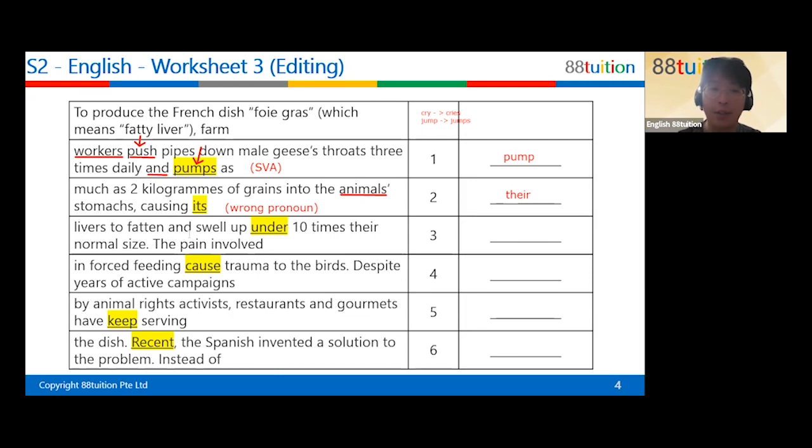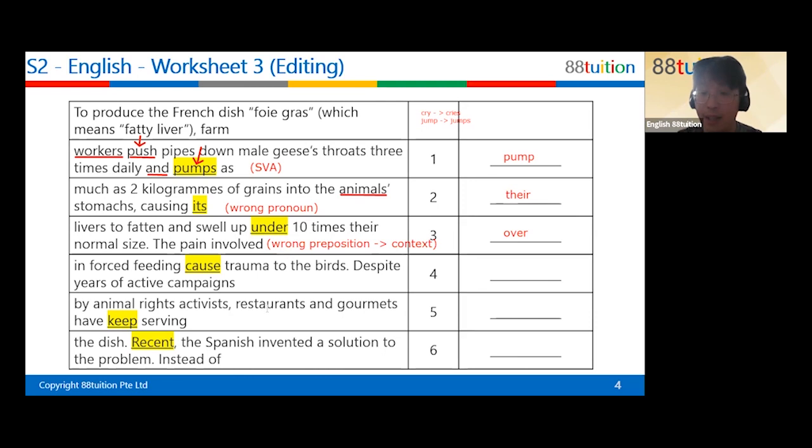So, and swell up, we say over. It swells up to over 10 times their normal size. So therefore, this part over here, we can call a wrong preposition. And why is it wrong? It's not that it's grammatically wrong, it's wrong in the context, which means it doesn't make sense with the content that is being shown to us over here. So it's contextually wrong.